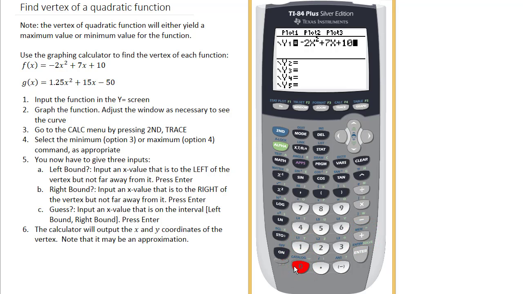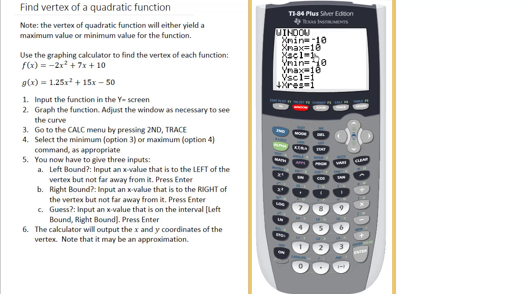Since the coefficient on the x squared term is negative 2, the parabola will open down. That's what I expect to see when I graph this, and I'm going to graph this from the standard window.